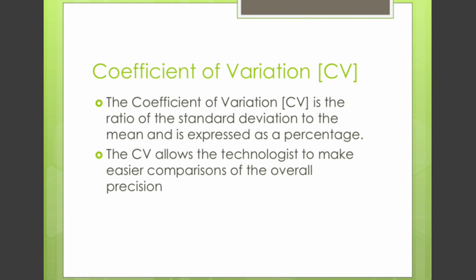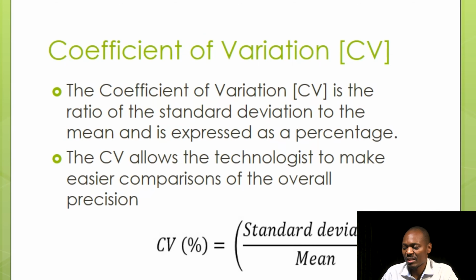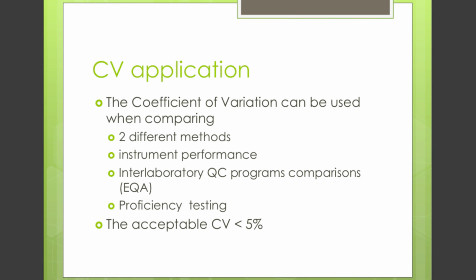The coefficient of variance, CV, is the ratio of standard deviation to the mean and is expressed as a percentage. It allows technologists easier comparison of the overall precision. Application of coefficient of variance: it can be used when comparing two different methods, inter-instrument performance, interlaboratory QC program comparison, EQA, and proficiency testing.